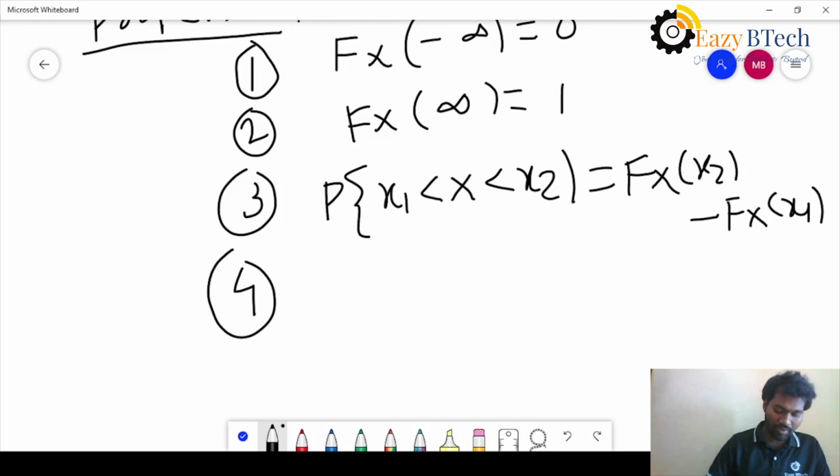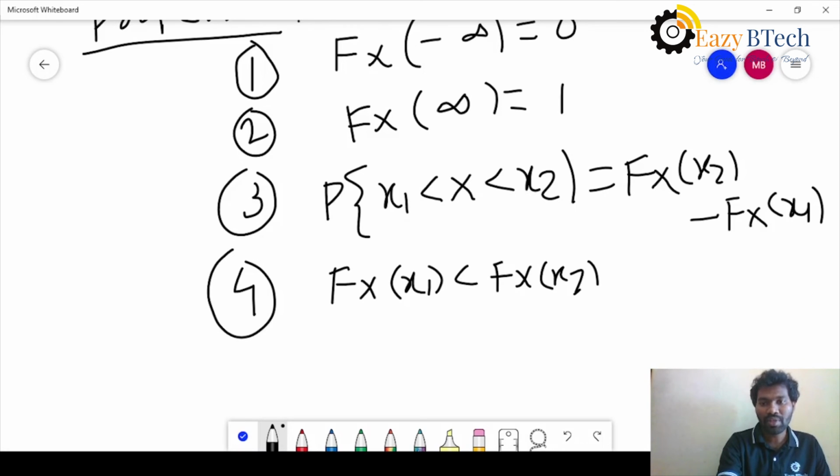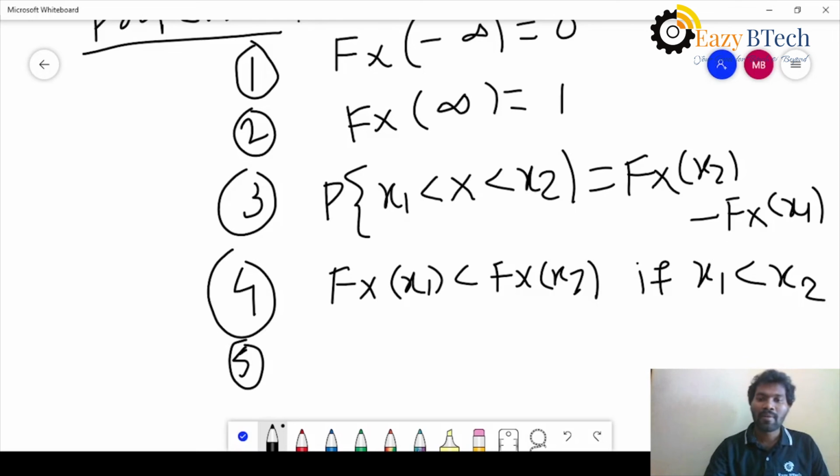The fourth one: F_X of x1 is always less than or equal to F_X of x2 if x1 is less than x2.